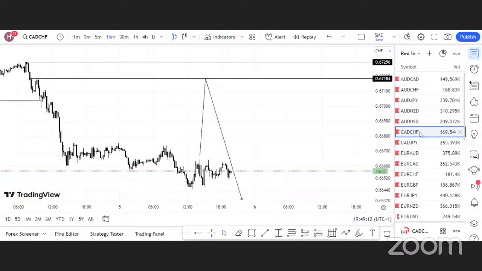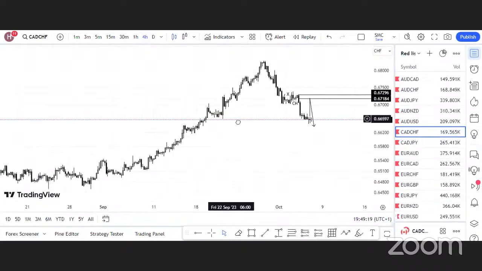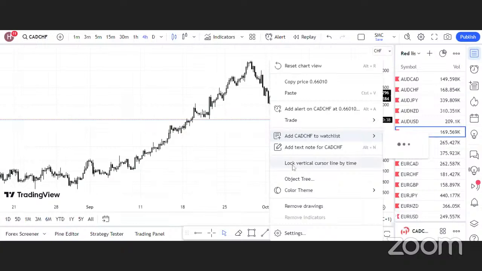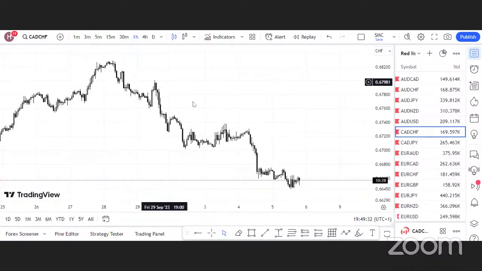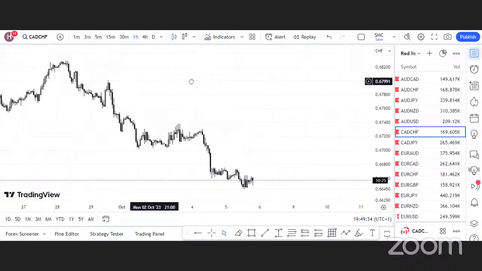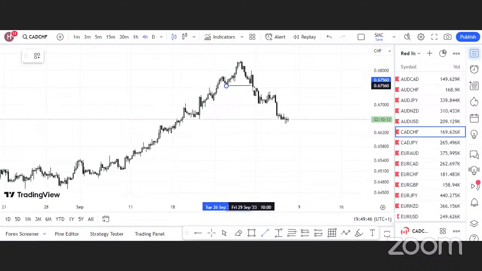So, let's analyze CADCHF. The 4-hour time frame is showing a downtrend, because we have this structure here, we have this high, we have this low, and it got broken.